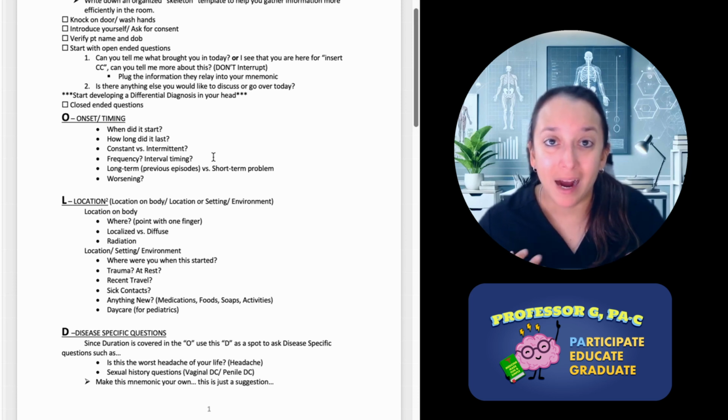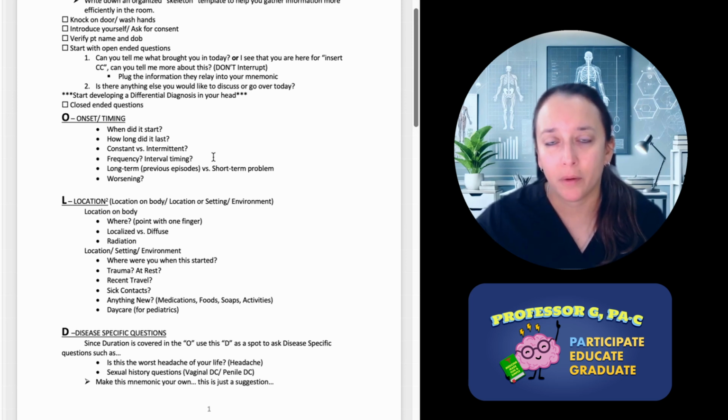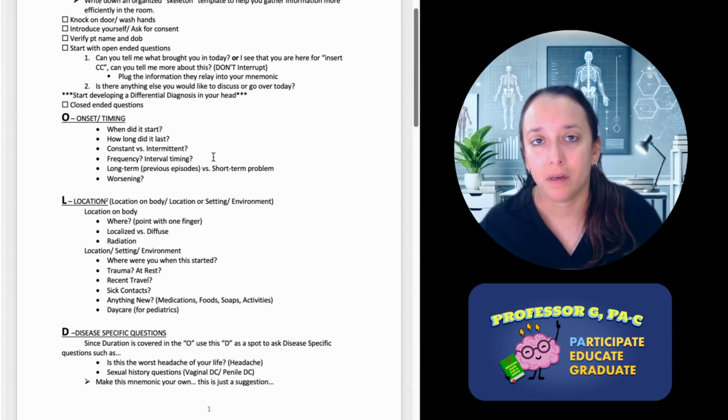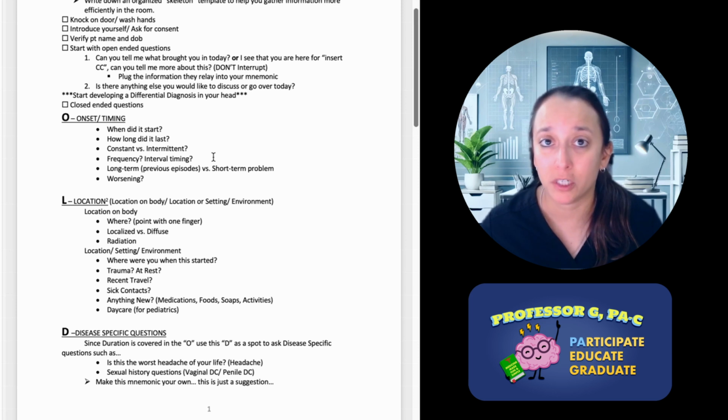There are several of them. I'm going to show you my OLD CARTS method because I think I've figured out a way to systematically hit all of those points in the HPI. If you like it, great. If you don't, stick with what you know. But the most important thing for you is to have a method. You want to be consistent when you're walking in, no matter the chief complaint, so that you don't forget vital information.